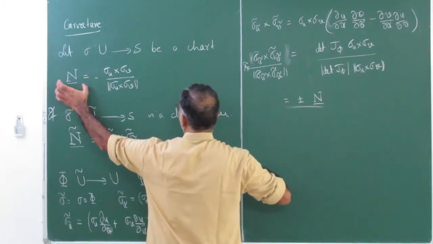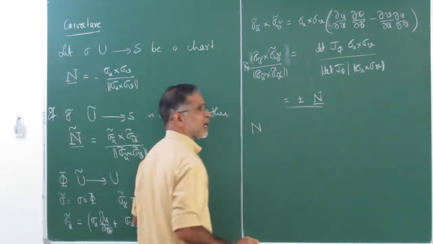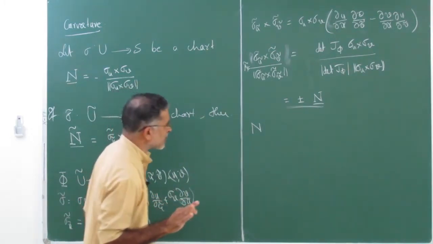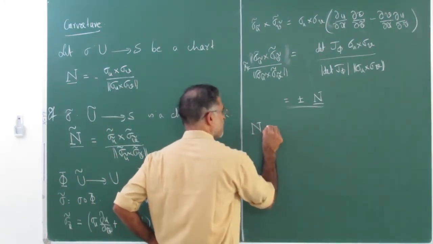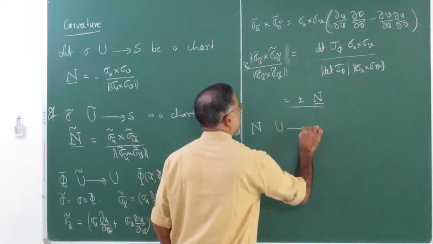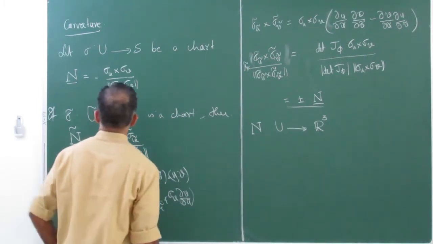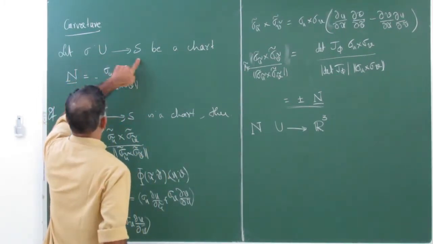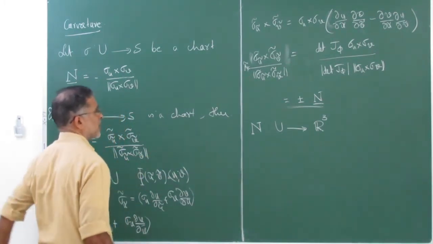So we are going to differentiate. So n is, now we don't worry about what the choice is. We make a choice, and n is going to be a map from U to R3. For every point here, you get a normal, that's a vector in R3. So we only have to measure this.